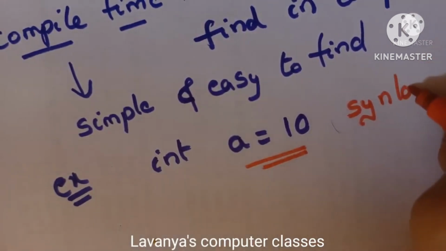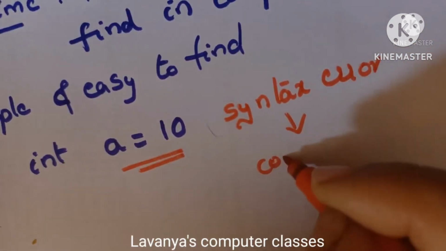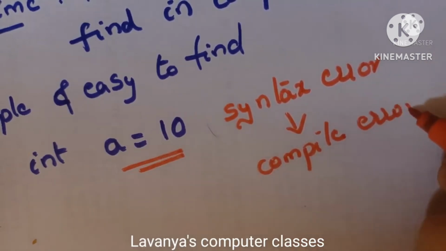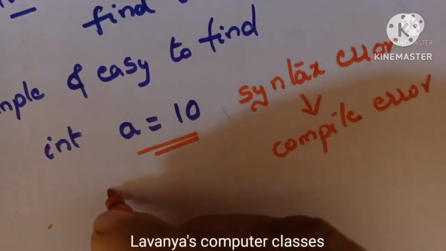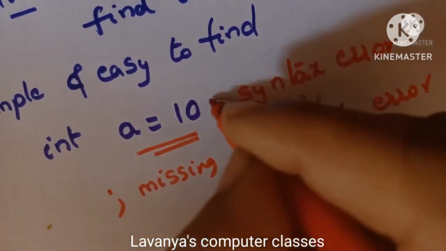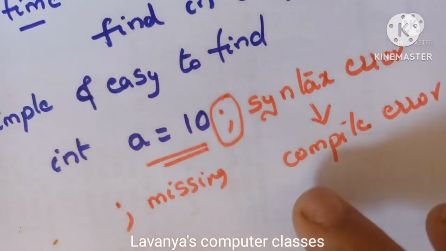But here I have not kept a semicolon. That's why it is called a syntax error, because according to the syntax each line ends with a semicolon. Here the semicolon is missing, so the syntax error is a compile time error. A missing semicolon is one example of a compile time error.